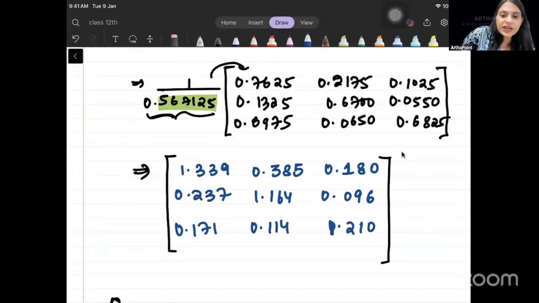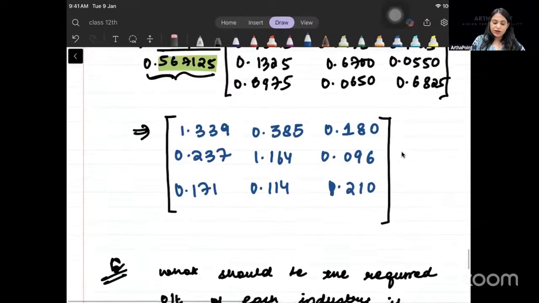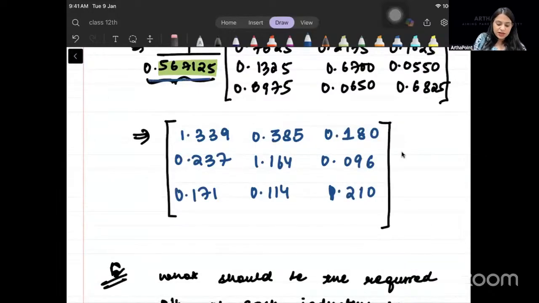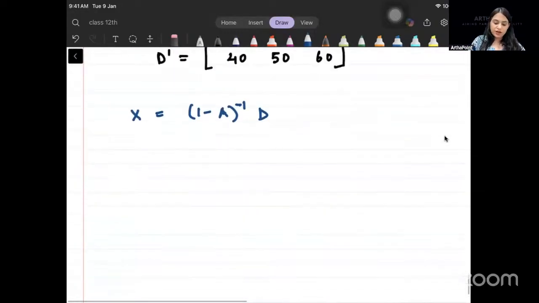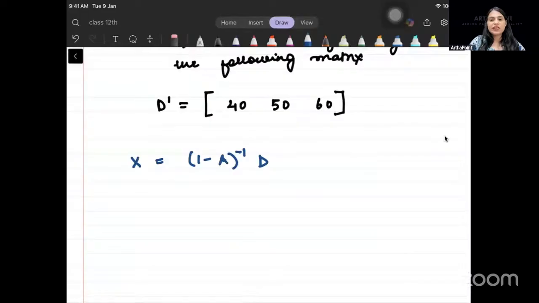This is what you will get as your matrix. ये आपको मिलेगा. ठीक है. When you divide this, ये वाला जो decimal है, you take it in and divide each element by this. अब जब ये हो जाएगा, after this you can go ahead and multiply it with that demand vector. So when you multiply it with 40, 50 and 60, you will get the value of x.